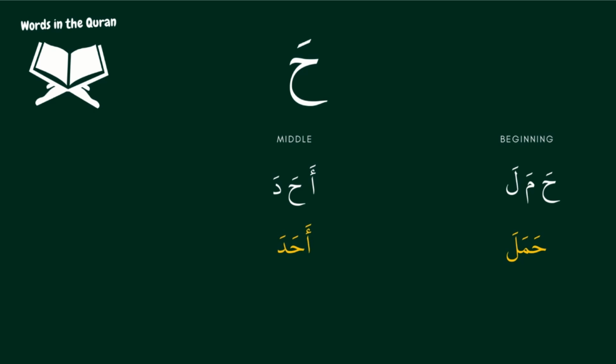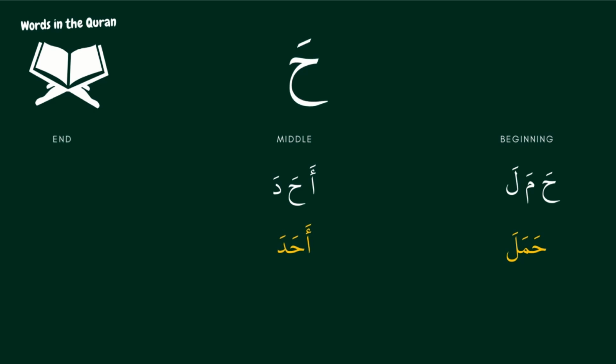The letter Ha, the beginning. حمل. When it is joined, Ha will look like this. حمل. In the middle, أحد. When Ha is joined, it will look like that. أحد.